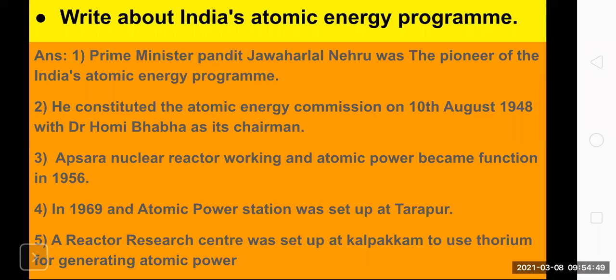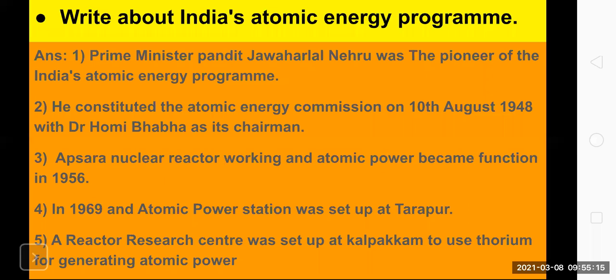Now see India's atomic energy program. So first of all, the first point is Prime Minister Pandit Jawaharlal Nehru was the pioneer of India's atomic energy program. He constituted the Atomic Energy Commission on 10th August 1948 with Dr. Homi Bhabha as its chairman.